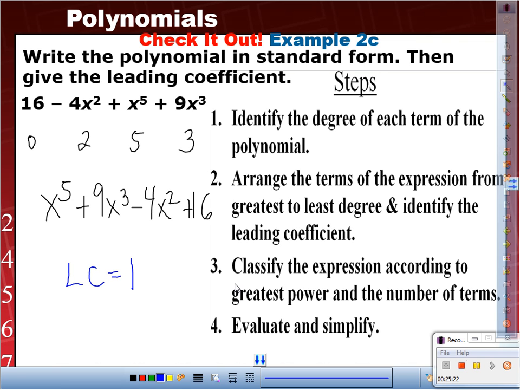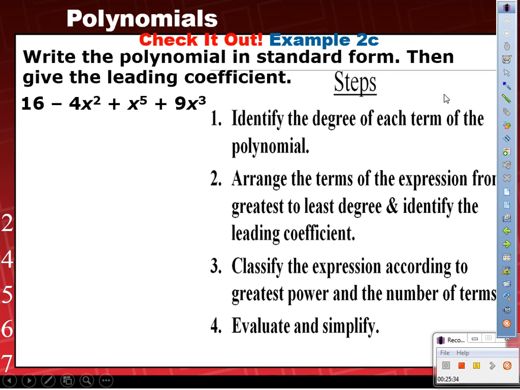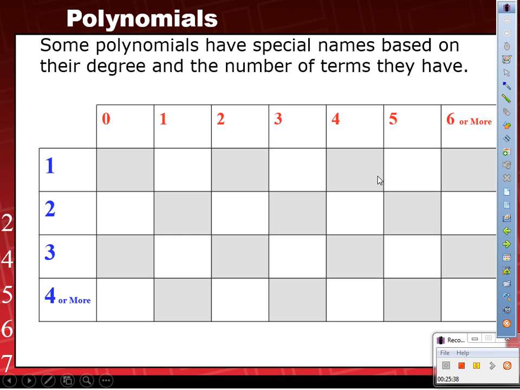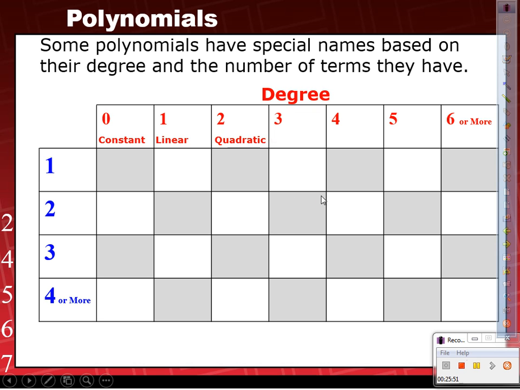Alright, so basically right now we did the first two. Now let's classify. Watch. Let me show you how to classify. To classify, I made this table for you guys. Check this out. I made it up, by the way. We're going to give the polynomials a name using the degree. That's the first name that we're going to give it. And using the number of terms.